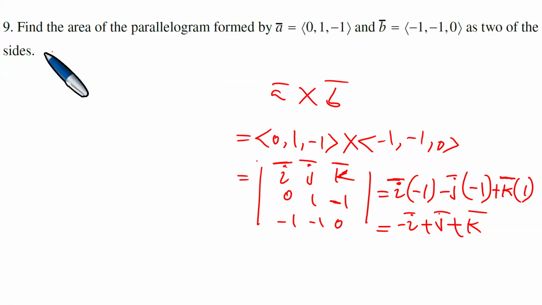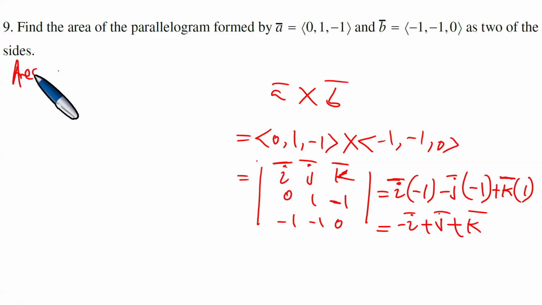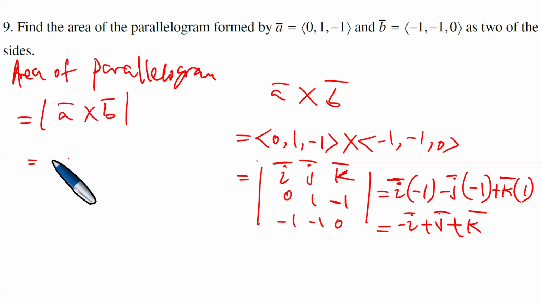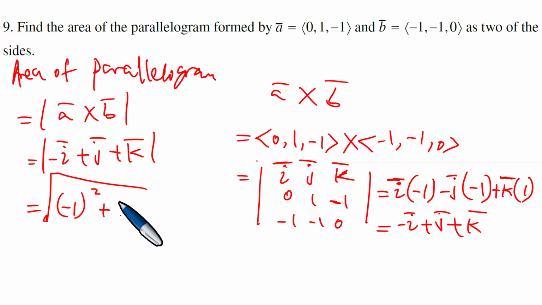After having found A cross B, we then say the area of the parallelogram equals the magnitude of A cross B, which is minus i minus j minus k, which is exactly the square root of (minus 1) squared plus 1 squared plus 1 squared, which is the square root of 3 square units.